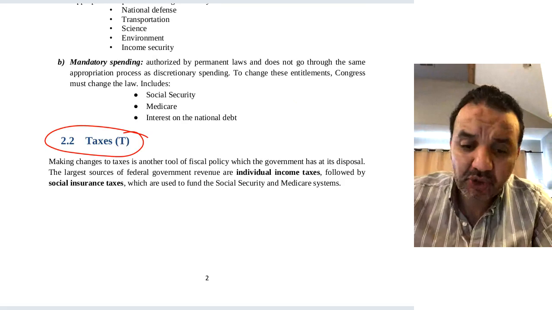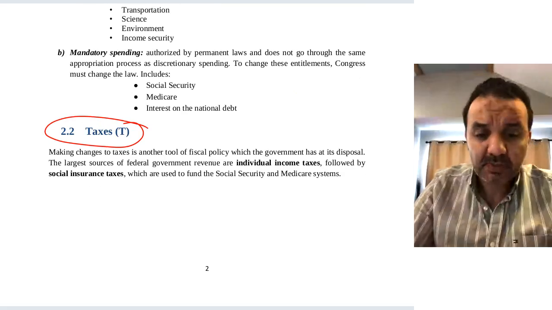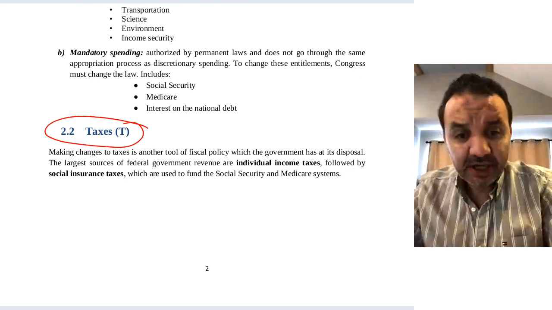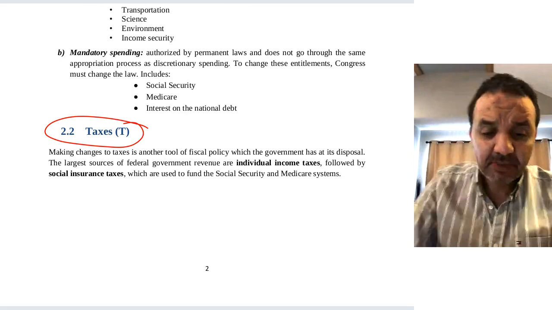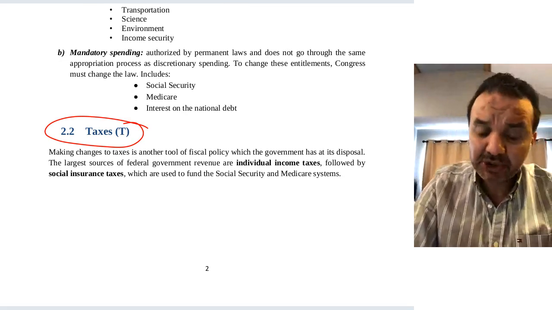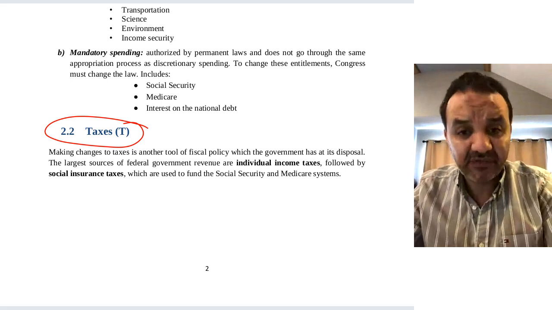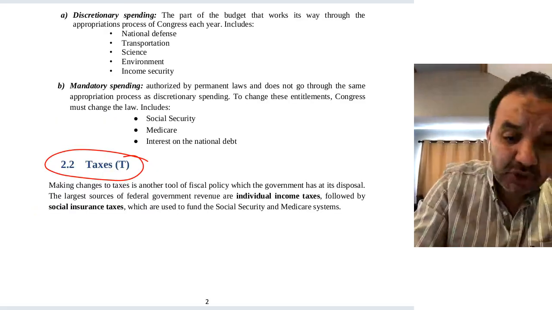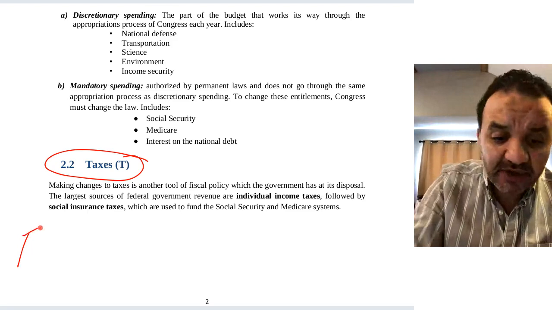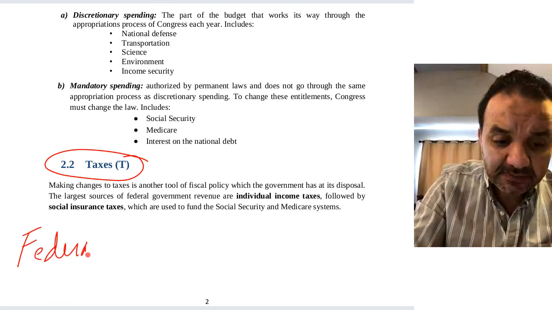In order to make it easy for you, I'm going to explain this in another video, but what do you mean by the federal budget? I said that fiscal policy is implemented by the federal government, right? So this is the federal budget.